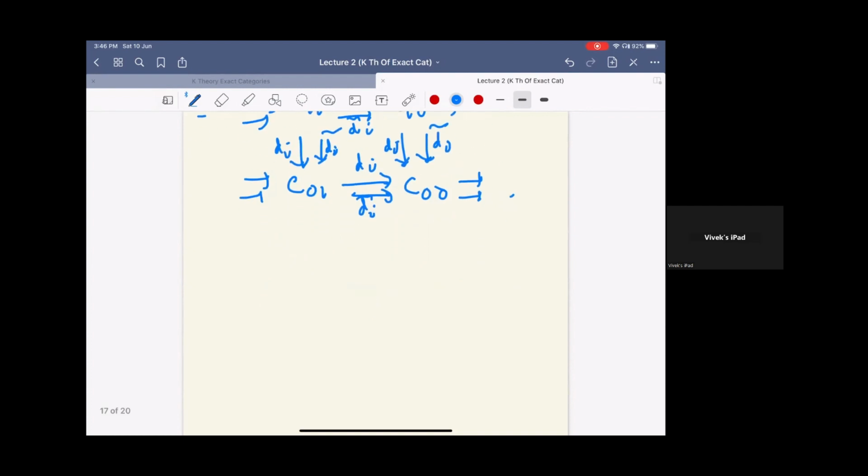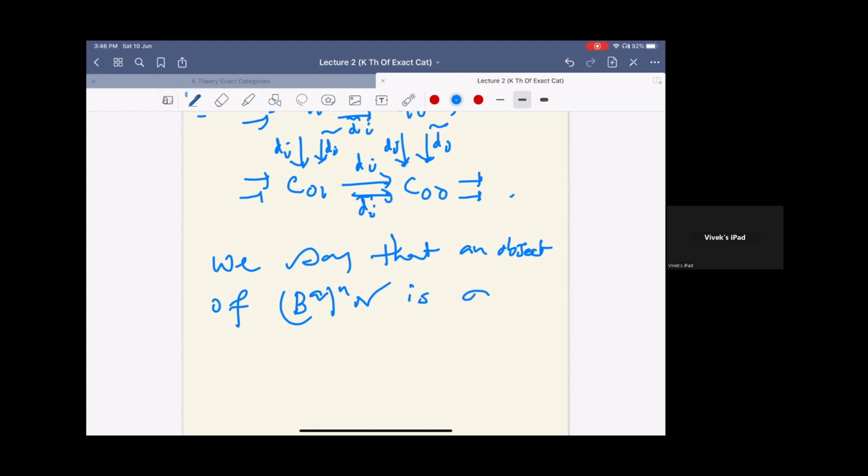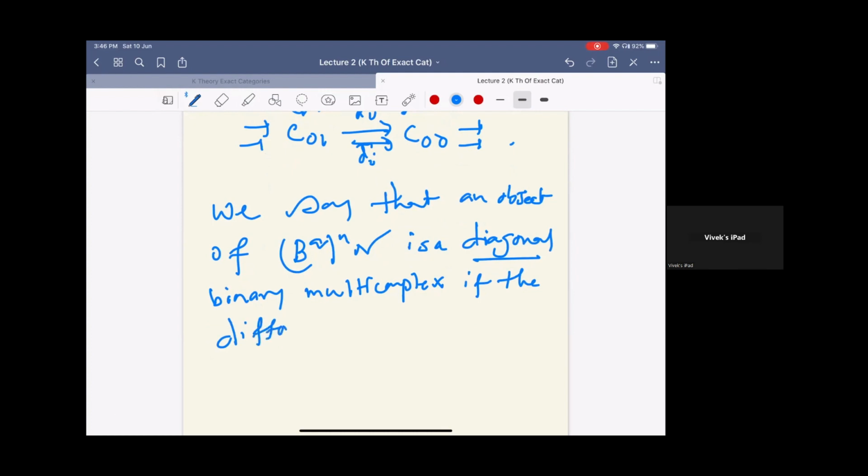All right. So we say that an object of BQn is a diagonal binary multi-complex if the differentials di and d tilde i are identical for some i.